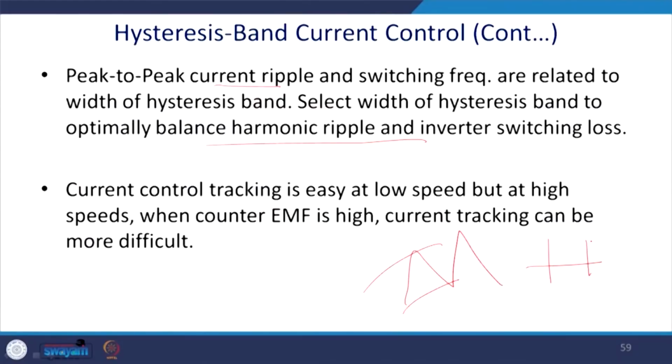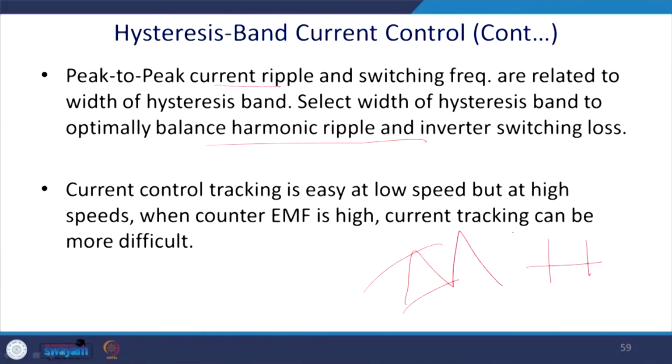Another problem is that in the case of sine triangle PWM, your frequency is constant. You know where the bandwidth of the frequency will exist for the bipolar and unipolar, but here you have a spectrum that will have a wide range of variation with a change of the band.